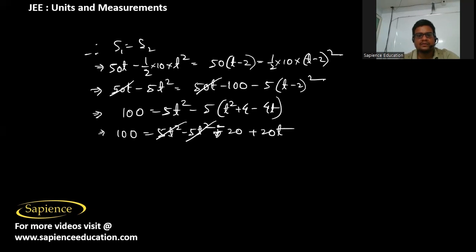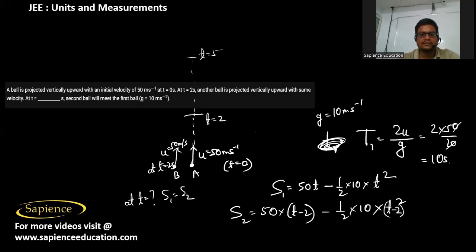So 5t square will cancel out, then we will get 20t equal to 120. So therefore t will be equal to 6 seconds. So at t equal to 6 seconds, both their displacements from the ground will be the same. So at t equal to 6 seconds, the second ball will meet the first ball.